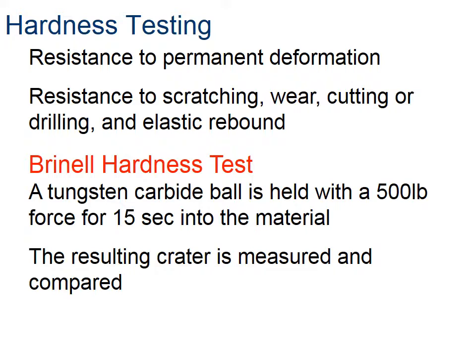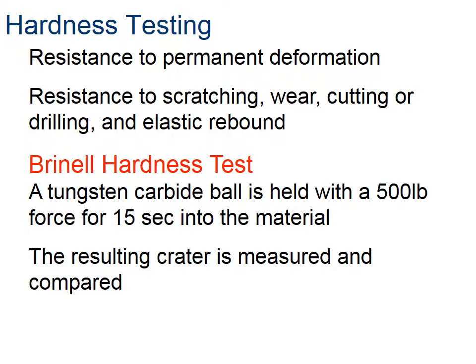Finally, one of the last things to understand is something called hardness. There are a couple of different kinds of hardness and a couple of different ways to test for it. Hardness basically is a material's resistance to permanent deformation. Yes, you can look at a stress strain curve, but there's also the Brinell hardness test and the Rockwell hardness test.